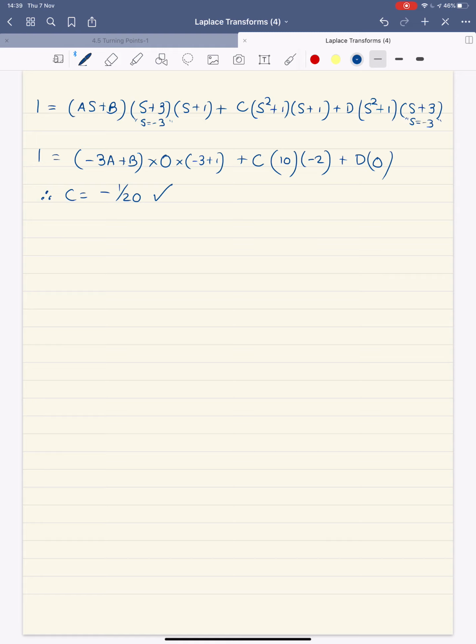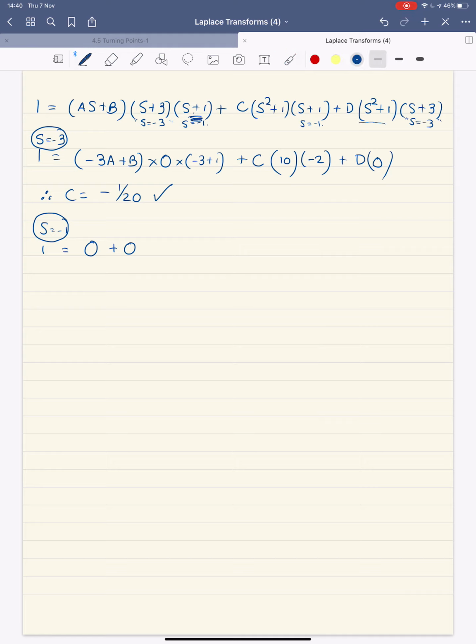The next one, if I let s is minus 1 now, that one will cancel, that one will cancel, and then we'll be able to work out the D. Sorry, this first one was s is minus 3 in there. Next one, s is minus 1. The first one's going to be nothing, because it's got the factor s plus 1. This one's going to be nothing as well, because there's an s plus 1 there.